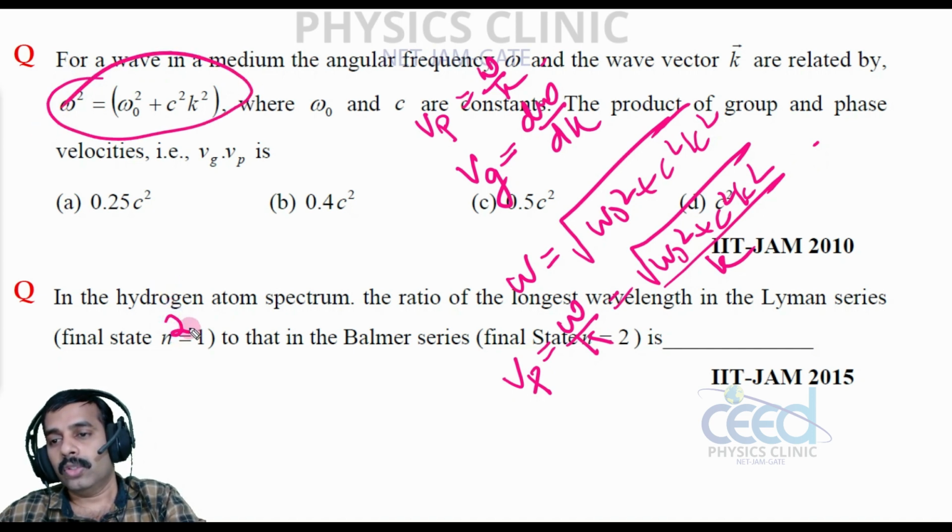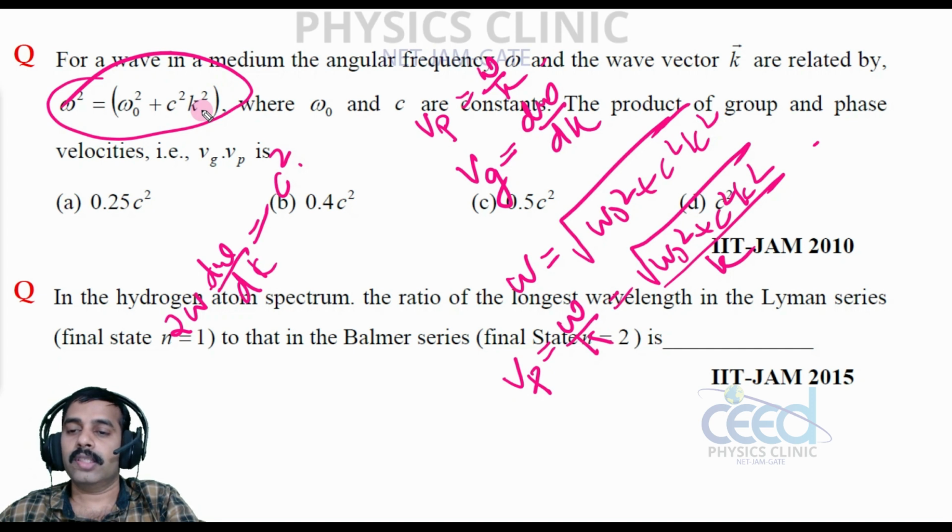So 2 omega into d omega by dk equals omega 0 square, which on differentiation is 0, plus c square into k square, which on differentiation with respect to k is 2k.